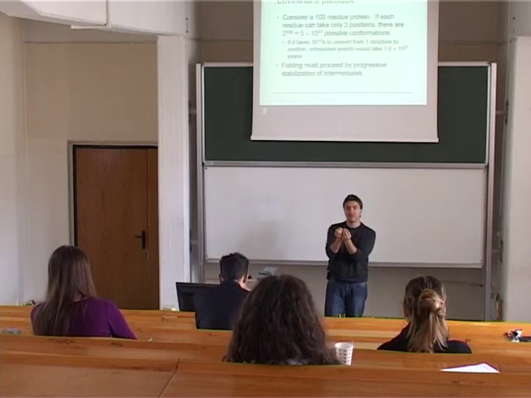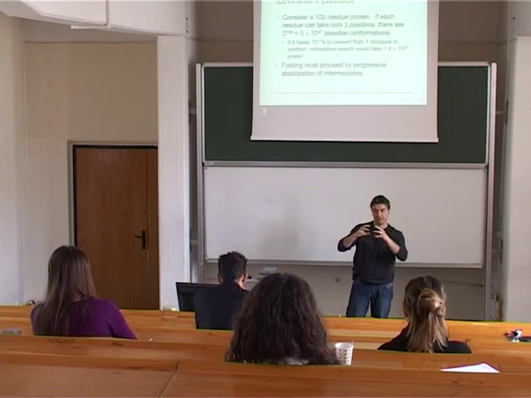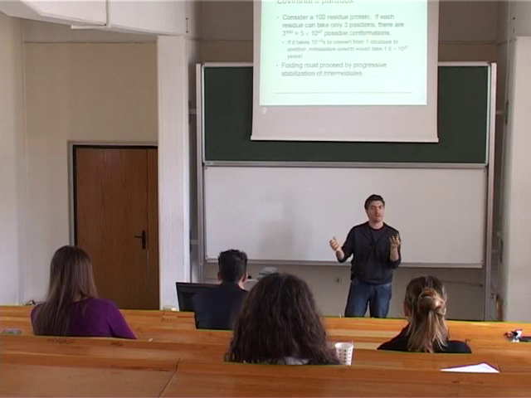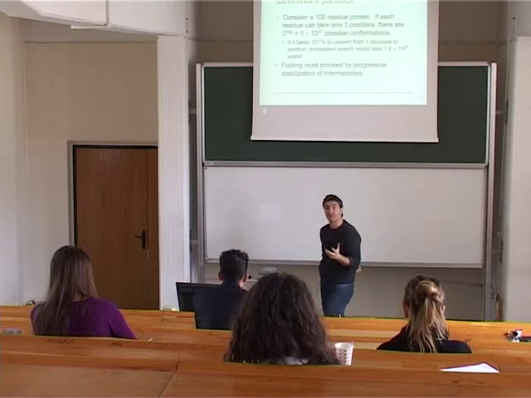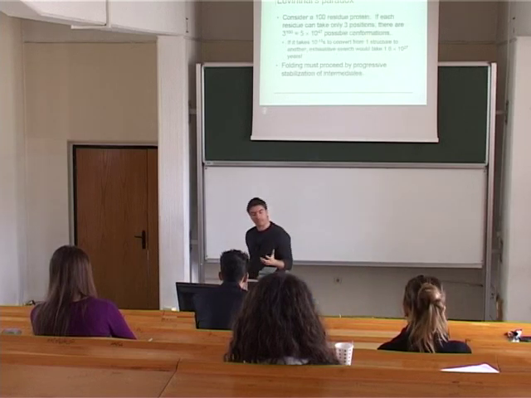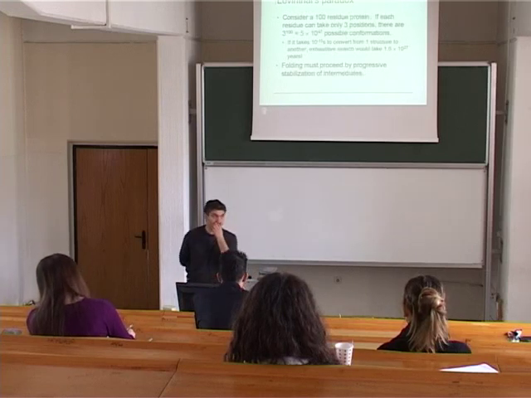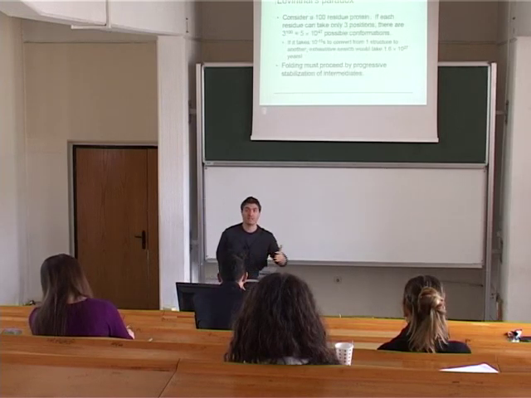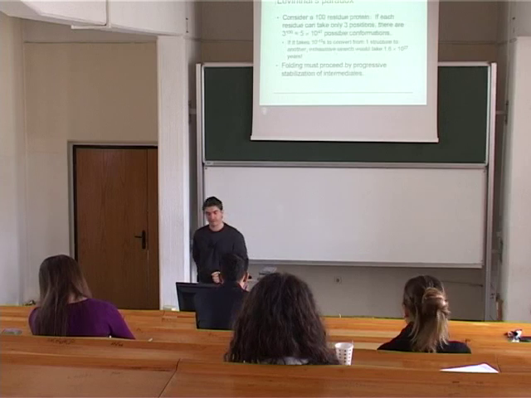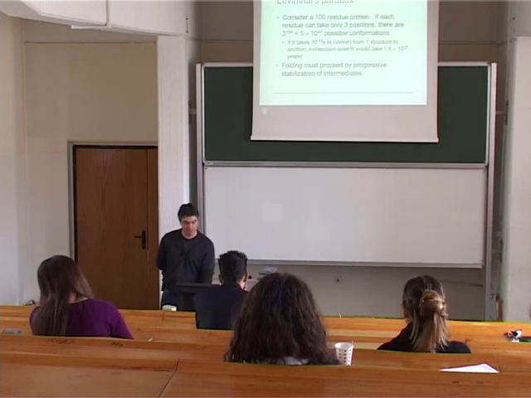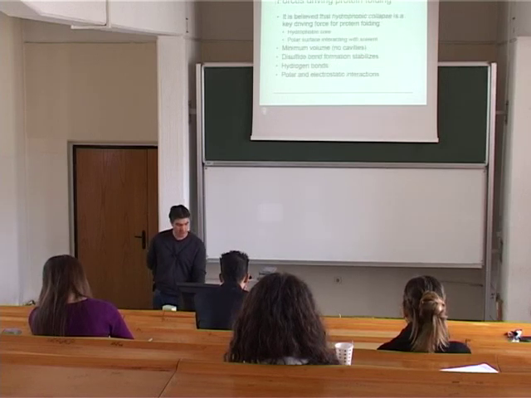We have this sequence of amino acids. How does it fold onto a three-dimensional shape? What are the processes involved in this folding process? Researching this is called the folding pathways. If you are interested in this, there are lots of papers about it in the literature.